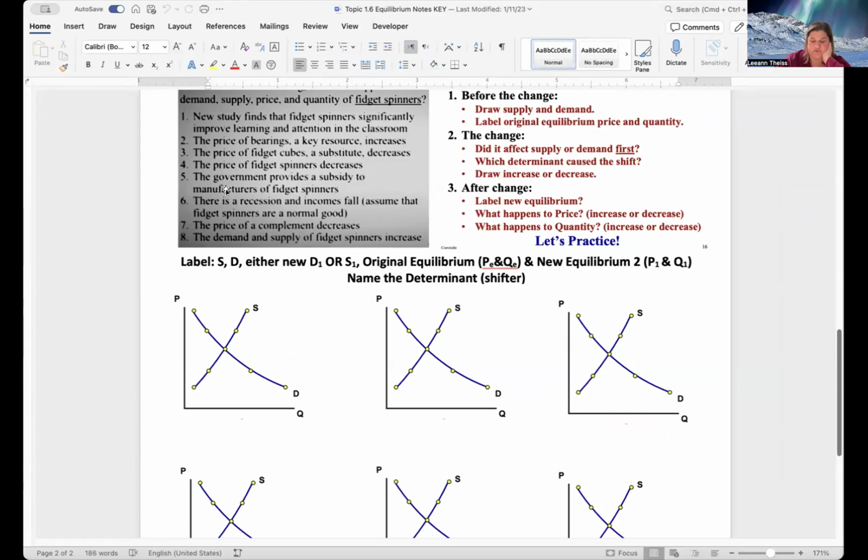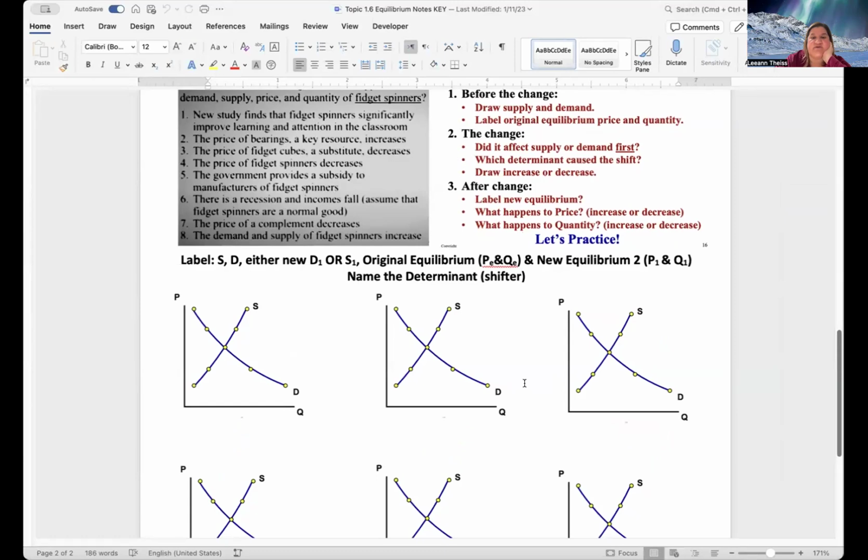This part up here in the corner is what I was saying we're going to ignore right now. So if you notice, I was being nice to you and I already gave you the axes and the original supply and demand curves. But let's go ahead and for the first graph, we're going to put a little 1 next to the supply.